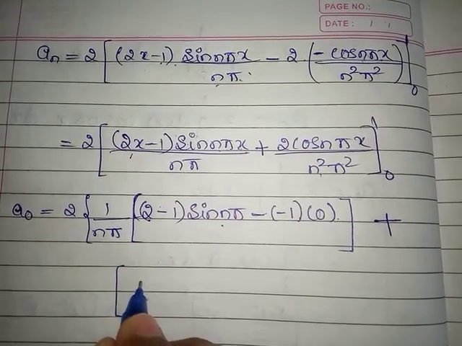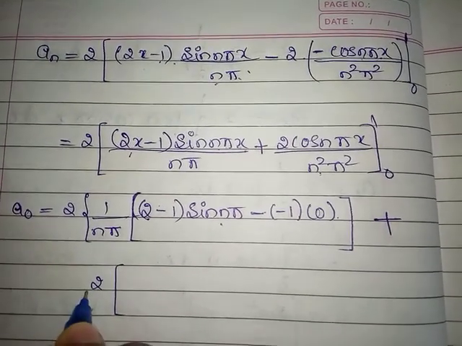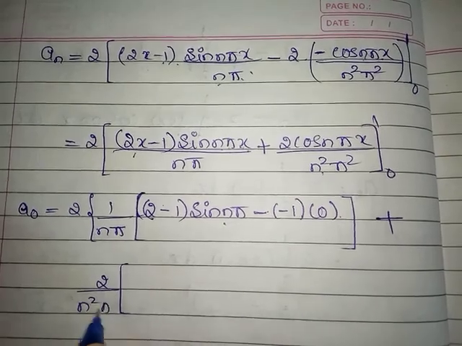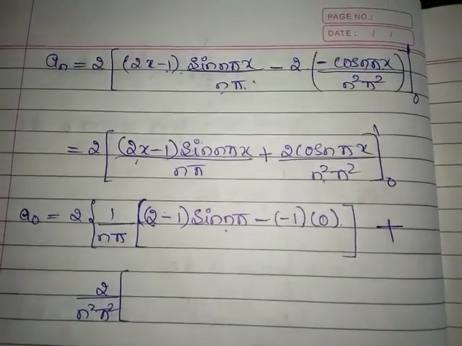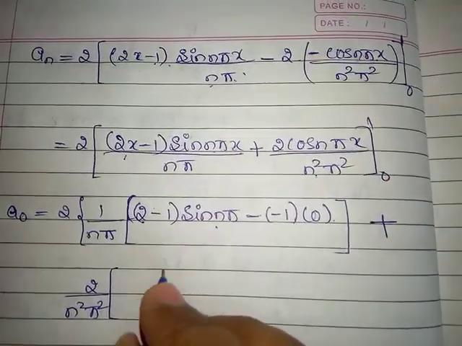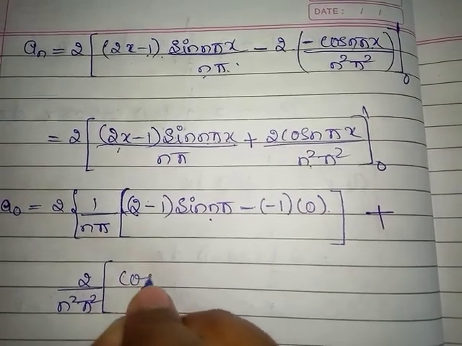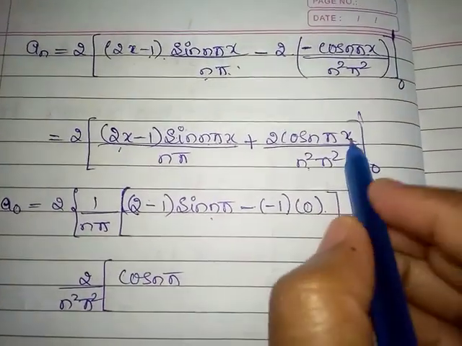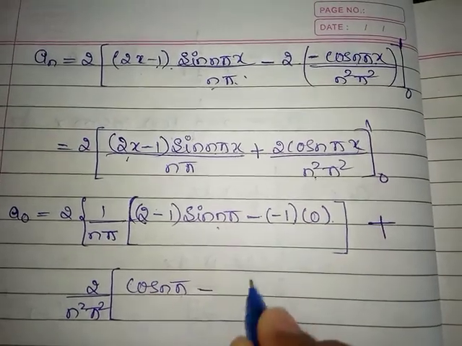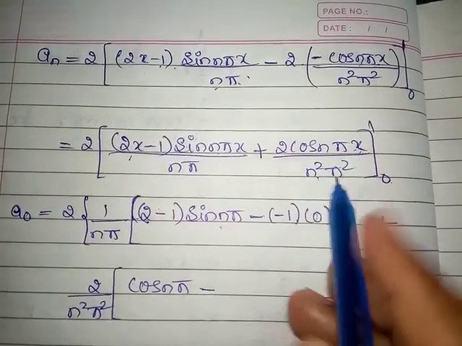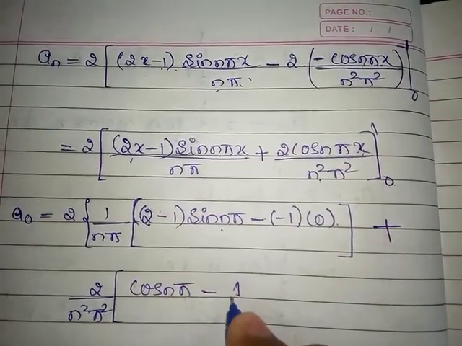I will take here 2 divided by n square pi square outside, since they are constant. Apply upper limit and lower limit for this one, it will be cos n pi when x is 1, minus lower limit when x is 0 it will be cos 0, cos 0 value is 1.